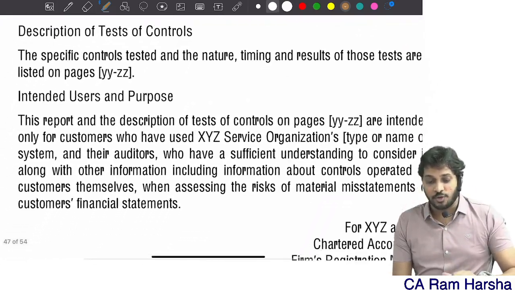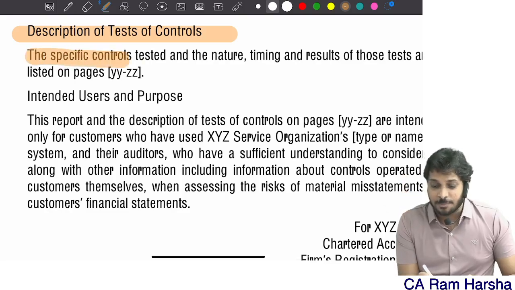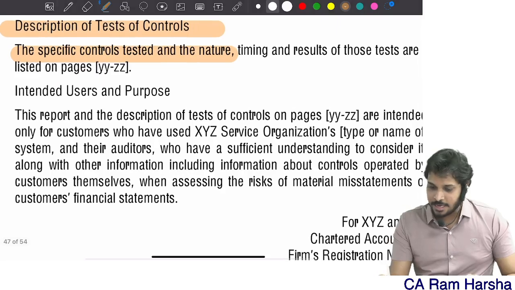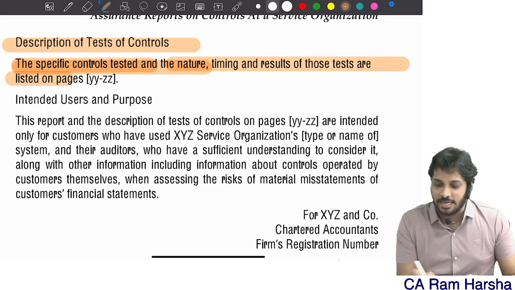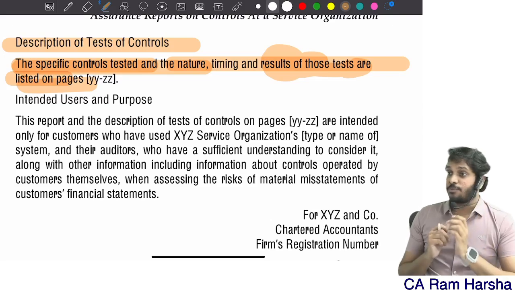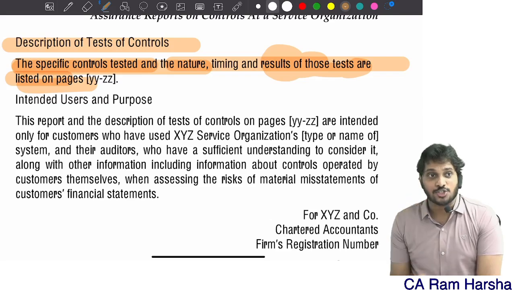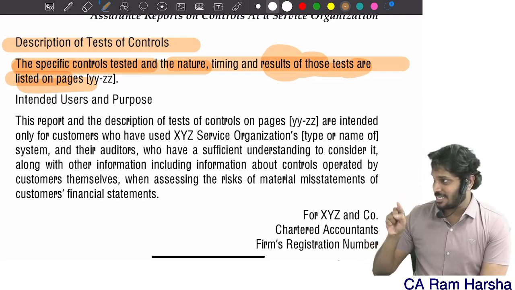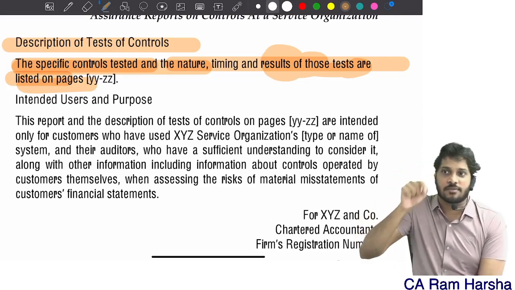Not only that, in type 2 audit report, the auditor shall give description of controls tested, the specific controls tested, and results of those tests. Even in a type 2 report, the service auditor has to give an annexure. What annexure? What controls he tested, what result he got. That report also he must attach to the service auditor report.